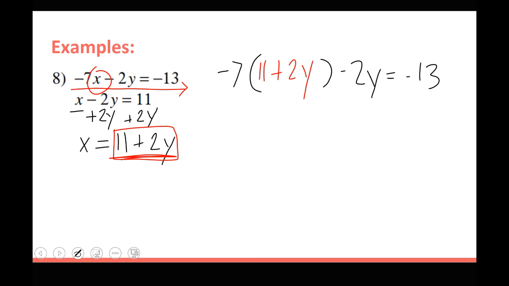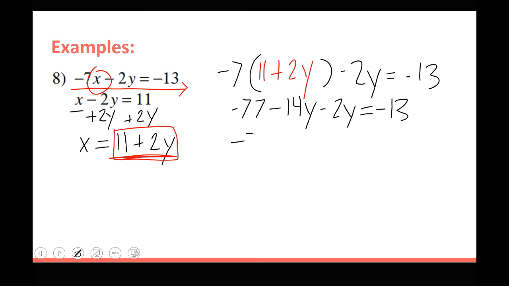Okay, so now we're going to multiply that 7. Negative 7 times 11 is negative 77. Negative 7 times 2y is negative 14y. Bring down the minus 2y equals negative 13.